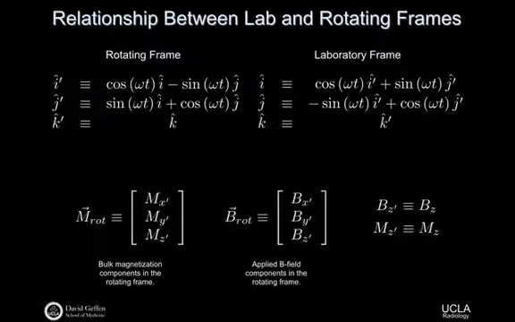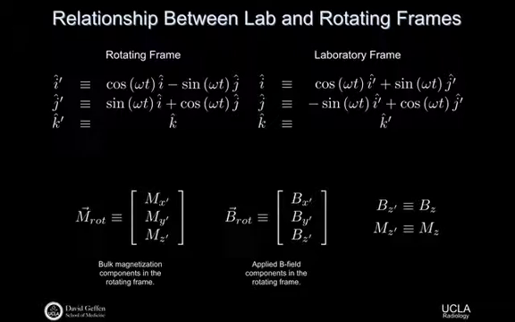We also need to be careful about nomenclature here a little bit. And so we can talk about the bulk magnetization in the rotating frame. So I'll subscript it as rot. Eventually, we'll just drop that because it just gets to be cumbersome to carry it all the way through. And so we just talk about having x, y, and z components, but they're the x prime, y prime, z prime components. Same thing for the B field. We have some B field. That B field is applied.